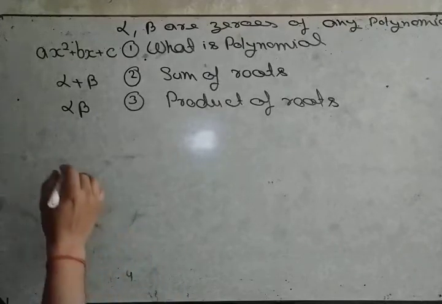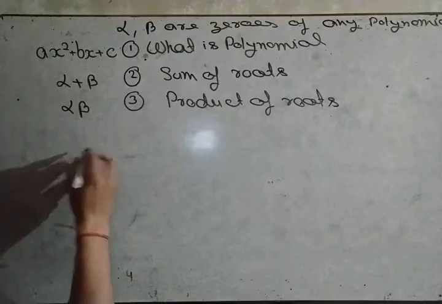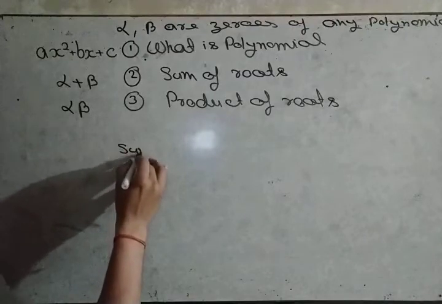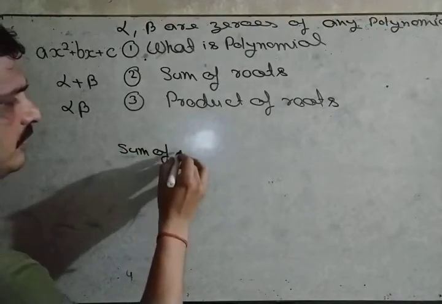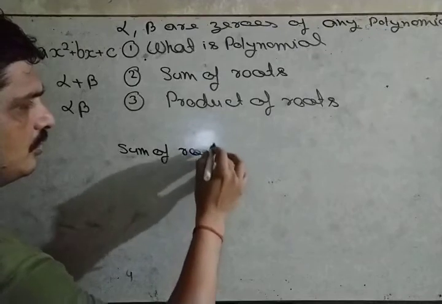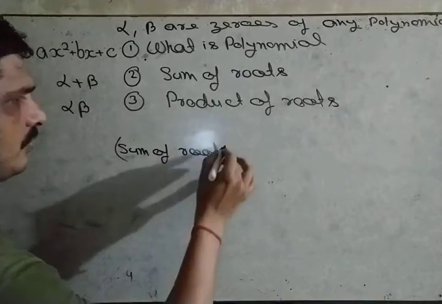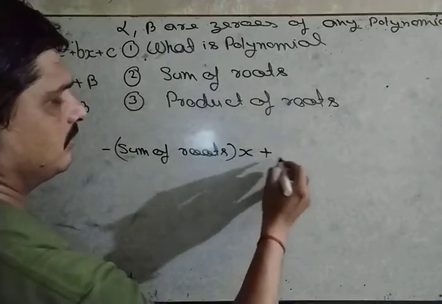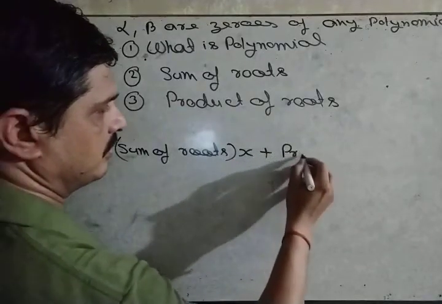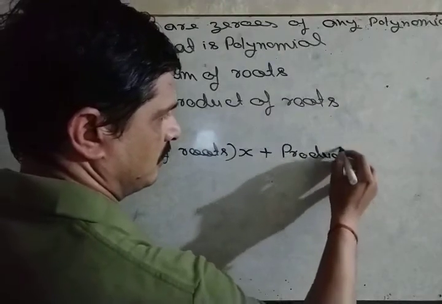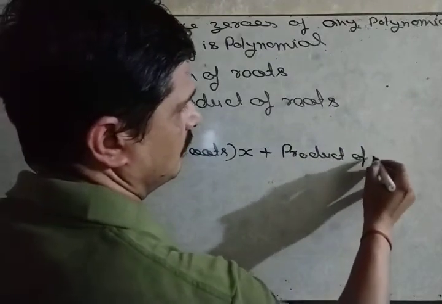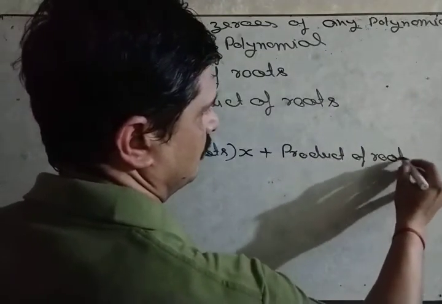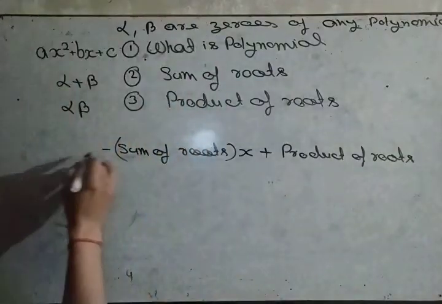That relation was given like this: x square minus (sum of roots) x plus product of roots.